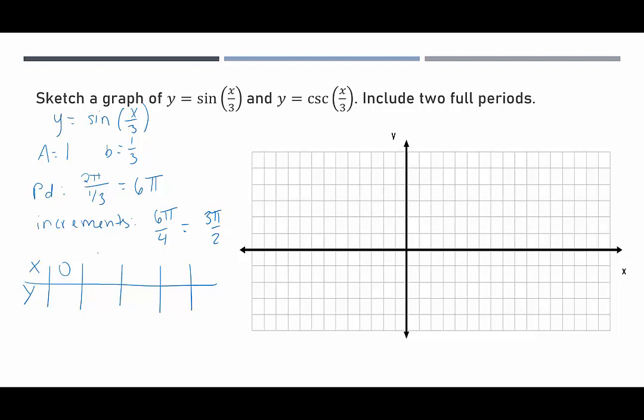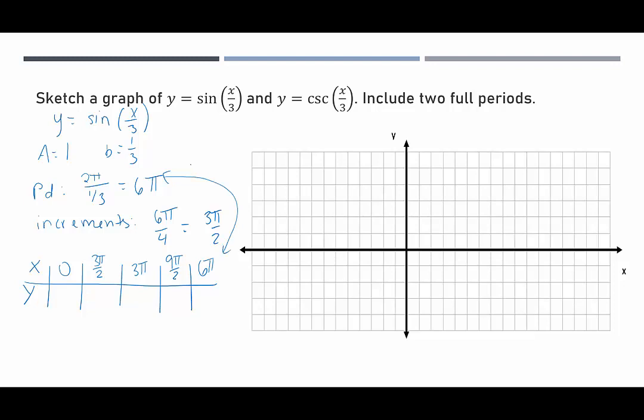And we're going to count by 3 pi over 2. So 0 plus 3 pi over 2 is 3 pi over 2. 3 pi over 2 plus 3 pi over 2 is 3 pi. 3 pi plus 3 pi over 2 is 9 pi over 2. And 9 pi over 2 plus 3 pi over 2 is 6 pi, because it would be 12 pi over 2. And that matches our period, so I feel pretty good about that.